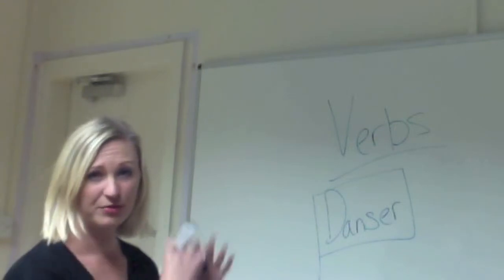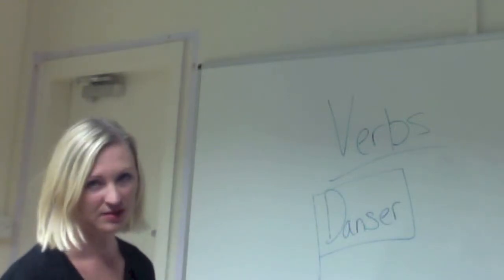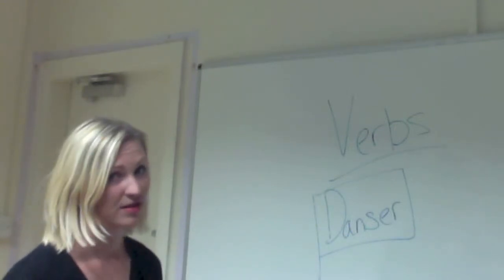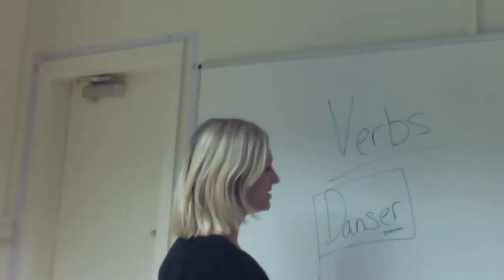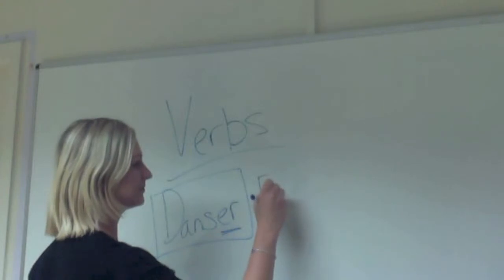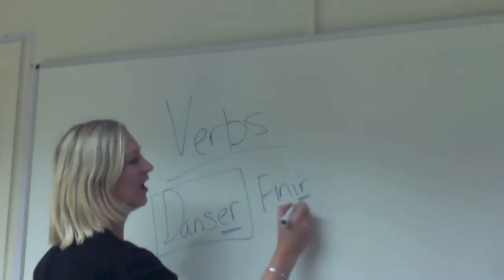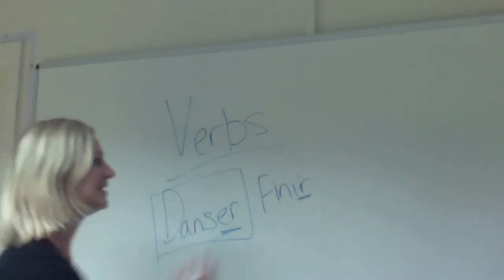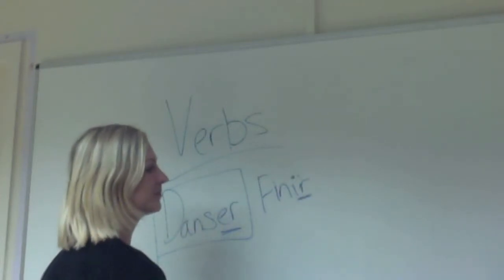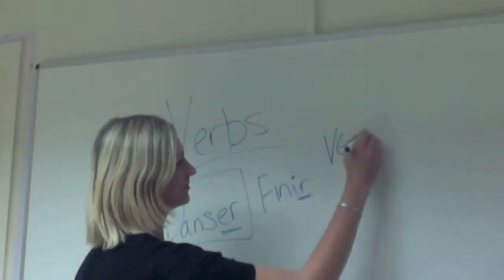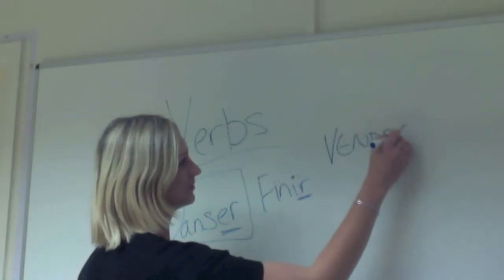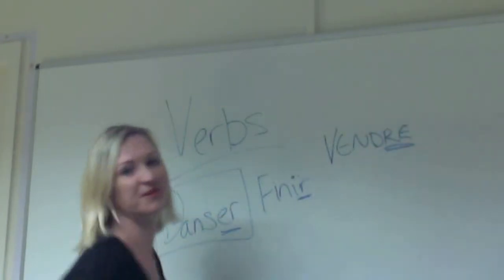In French we have three different kinds of full verbs, also known as infinitives. Three types of infinitives. We have ER verbs, IR verbs, finir, and RE verbs, vendre.